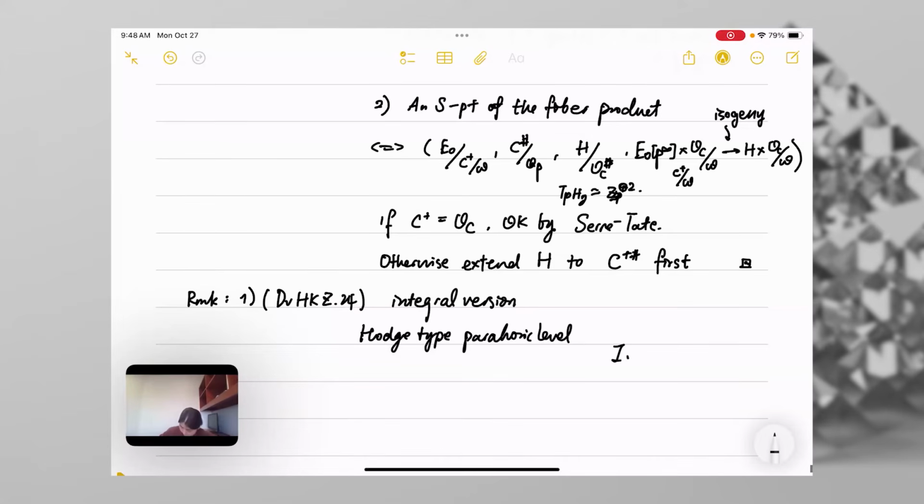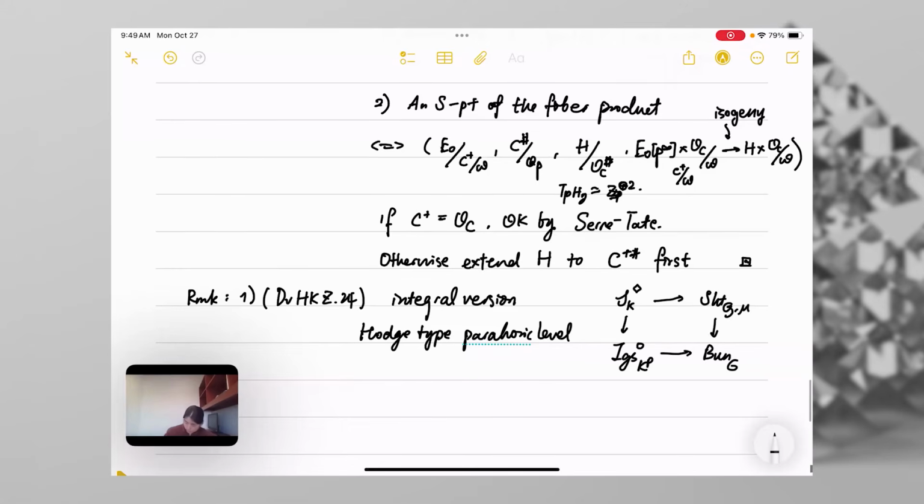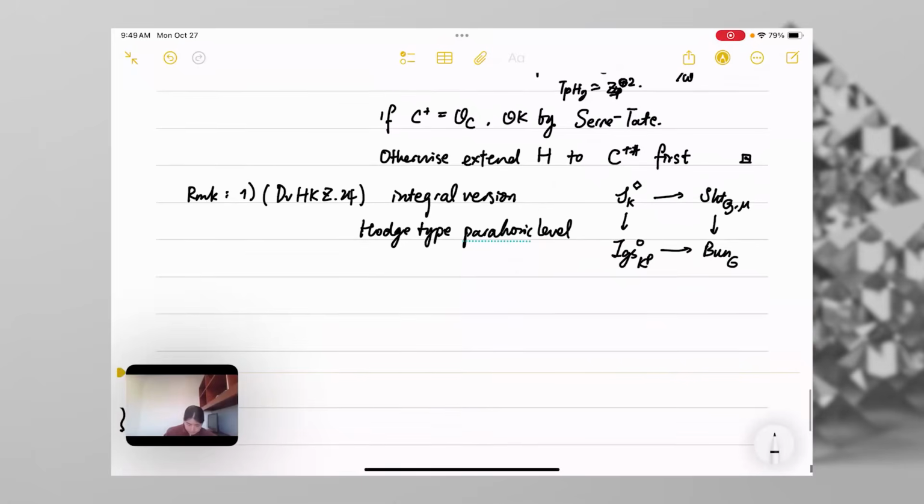Where the statement is that if the bottom row remains the same, you take the good reduction locus of the Igusa stack mapping to Bun_G and replace the flat variety by a moduli stack of p-adic shtukas at parahoric levels, then you recover the v-sheaf attached to the canonical integral model of the Shimura variety at the corresponding level.